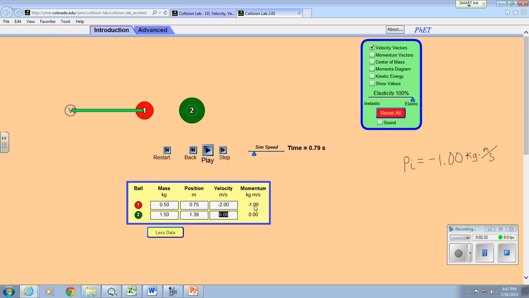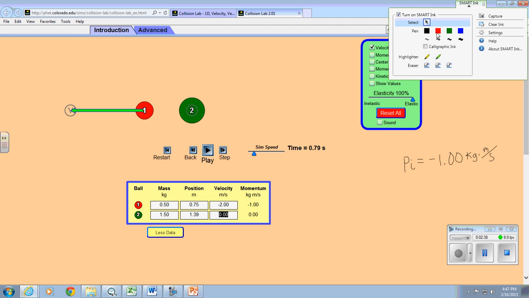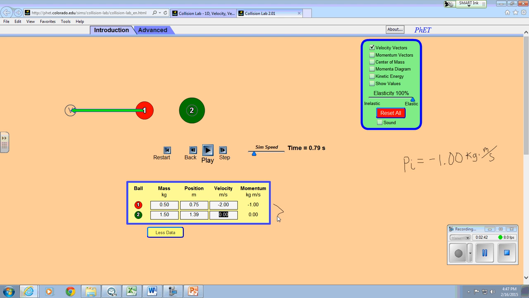If you combine their momentums, you can see that our final momentum after the collision is equal to negative 1 plus 0. That's a negative 1 kilogram times meters per second.